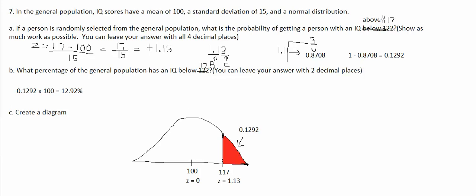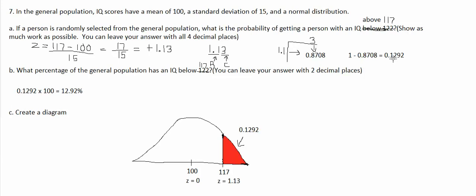Well, if I ask you for above instead of below, you'll just do one extra step at the end of the problem. So the z-table gives you the probability below 117. So if you want the probability above 117, you do 1 minus the below probability, and you get the above probability. So basically you do 1 minus the number from the table, and you get the answer you're looking for.